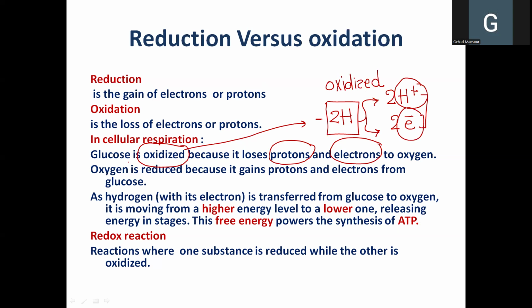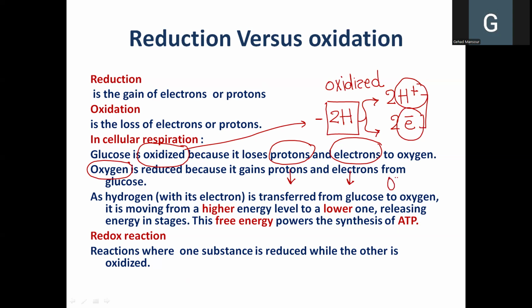So glucose is being oxidized. But as we have said, if we are carrying out aerobic cellular respiration and oxygen is present at the end as the final electron acceptor, it will accept the electrons and the protons from glucose.